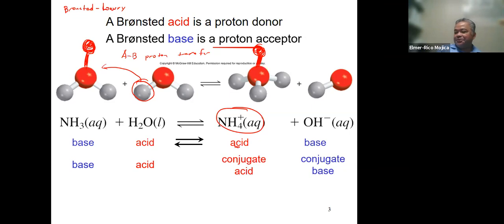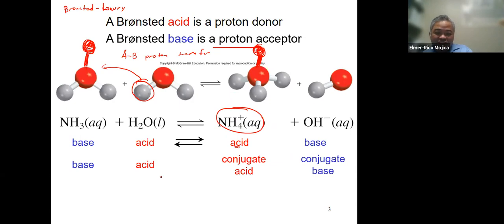So if I ask you, what is the conjugate acid of NH3? What is your answer? Or what is the conjugate base of water? The conjugate acid of NH3 is NH4 plus. The conjugate base of water is OH minus.